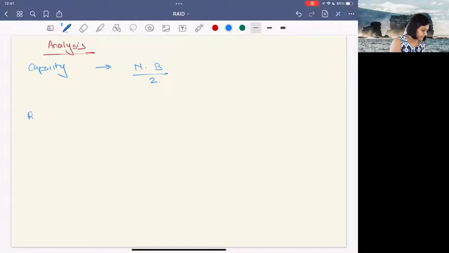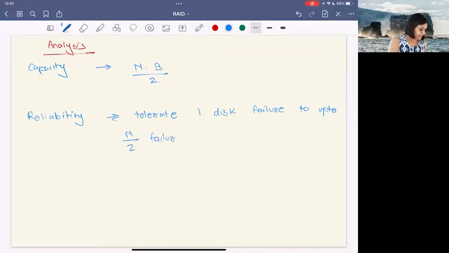In terms of reliability, how are we doing? Much better than RAID 0, because in terms of reliability, now we can tolerate 1 disk failure up to N over 2 failures, depending upon... why do I have 1 to N over 2, like a variance over there?